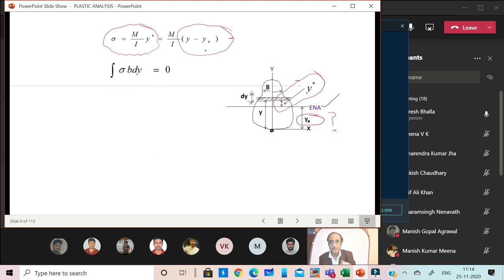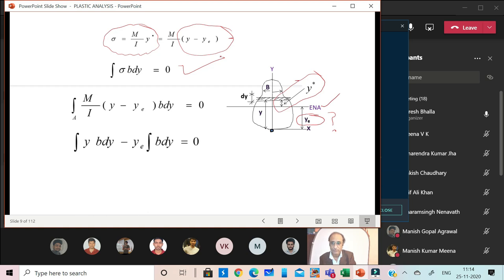This integration defines that there is no net axial force, and when we substitute and solve it, we can take out something common. Because M and I are constants, they can be taken out, and similarly ye can be taken out. So this gives us the value of the neutral axis.